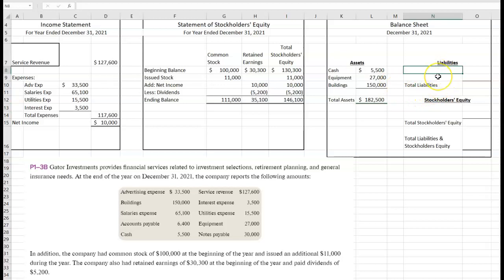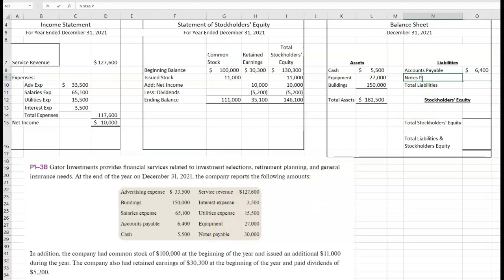Liabilities. Accounts payable is always the first liability. If there are accounts payable, it gets listed first. So accounts payable is $6,400. Oops, not $64,000. Are there other liabilities? So accounts payable, there's notes payable.